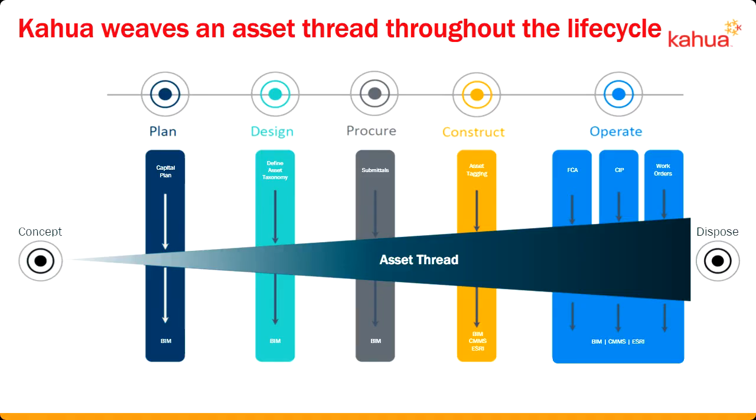So as the assets are being planned and designed, that asset information can come in through Kahua ready for procurement and construction, so that that data is in a consistent format for all of your projects, so that you can then pass that along to your CMMS system in order to be able to operate that asset.